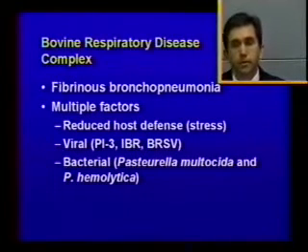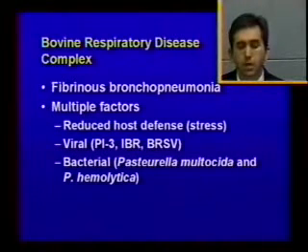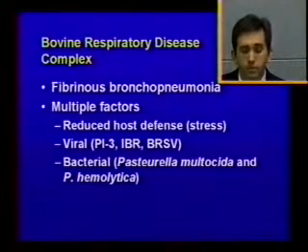The most important thing to realize about bovine respiratory disease complex is that it has multiple etiologic factors. They include a reduced host defense, and this is very broad. It could be stress, overcrowding, poor nutrition, housing with animals that are new to the environment, whatever.